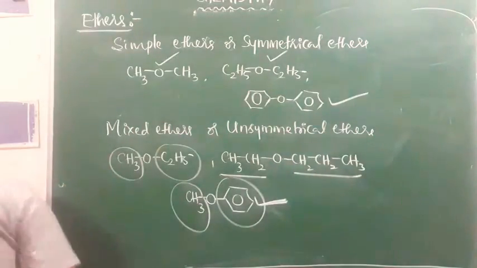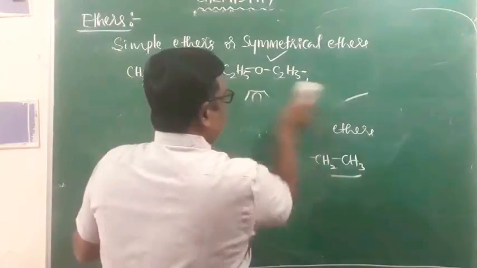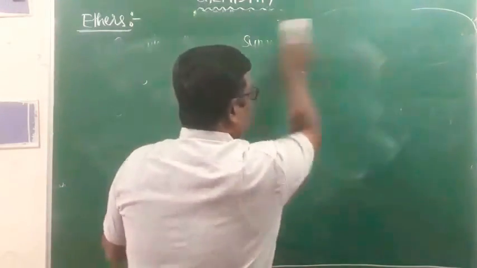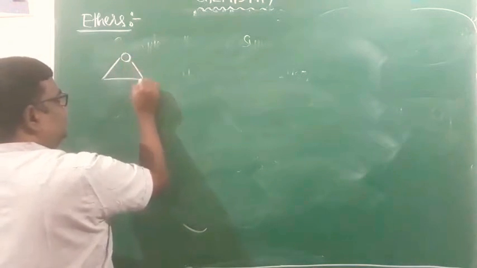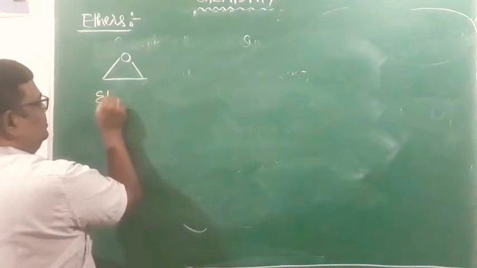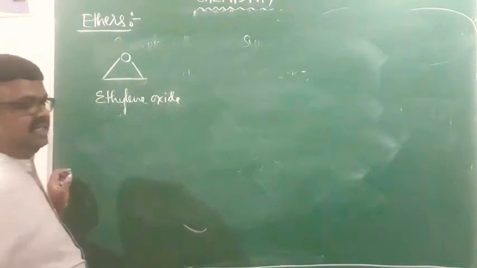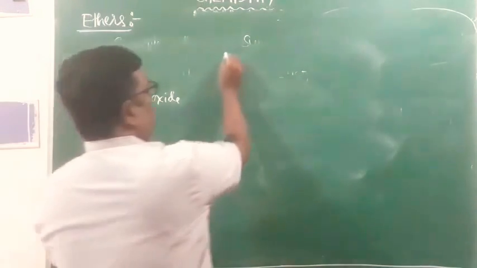Apart from that, ethers can also be cyclic ethers. If the oxygen atom is involved in the formation of a cyclic ring, it is called a cyclic ether. For example, this is ethylene oxide, one of the cyclic ethers. I am writing the bond line representation.